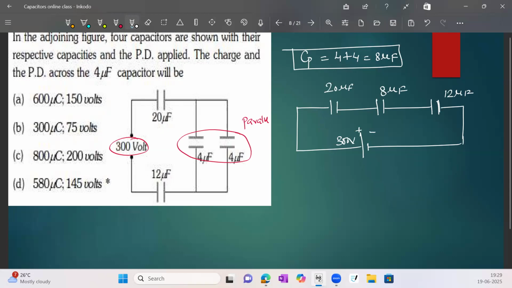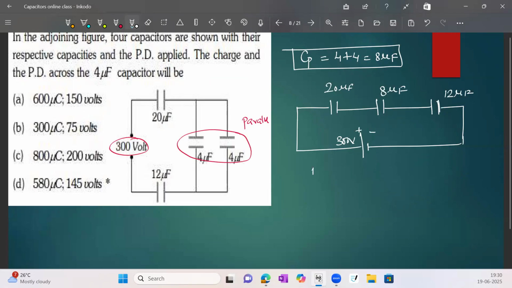First, if you calculate the charge, then there is no need to go for the potential difference. We have only one option with that charge. So to find the charge, all these three are connected in series.